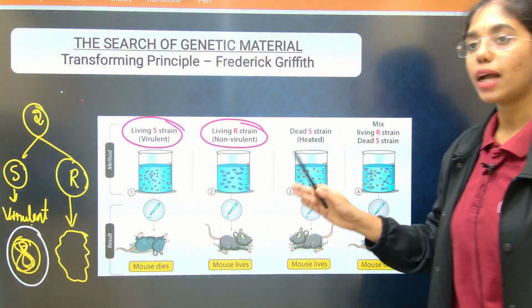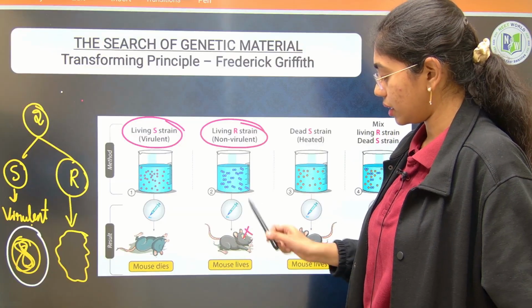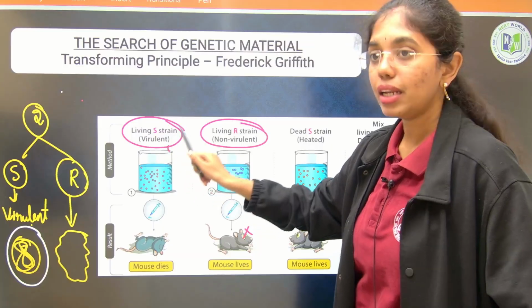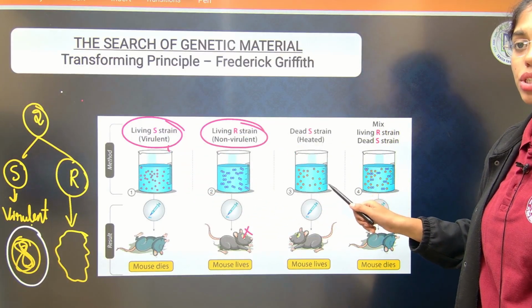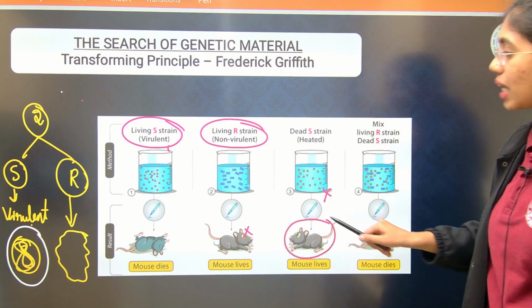Whereas the living R strain injected into the mouse is alive and the bacteria die inside. Fine, right? And when this virulent S strain is heat killed, heated to high temperatures, the cell wall layer will be degraded completely and the mouse is alive.